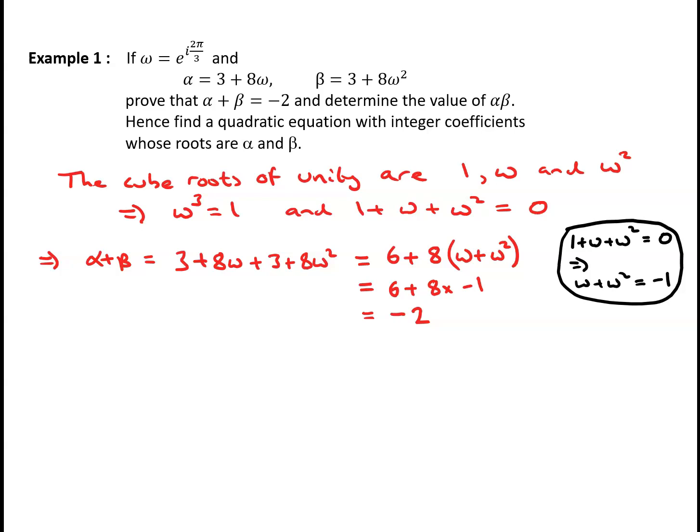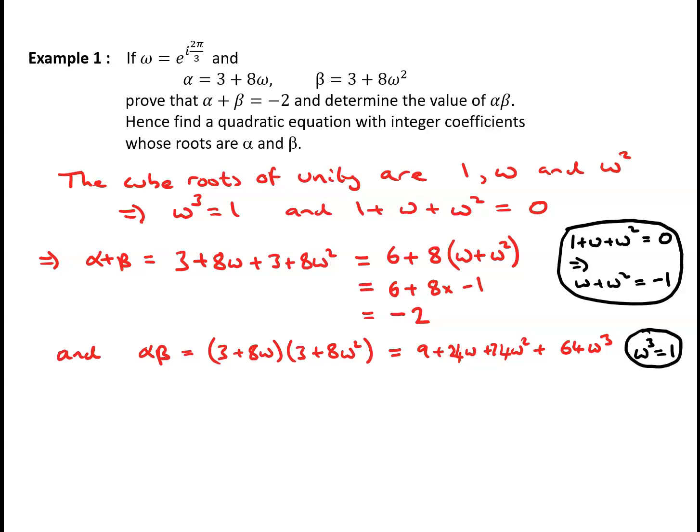Alpha times beta is 3 plus 8 omega times 3 plus 8 omega squared. So that gives me 9 plus 24 omega plus 24 omega squared plus 64 omega cubed. Now I know that omega cubed is equal to 1.